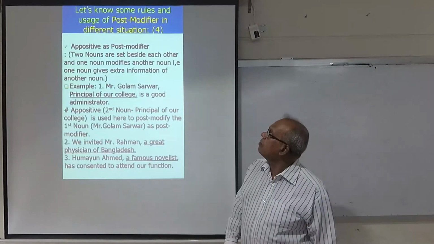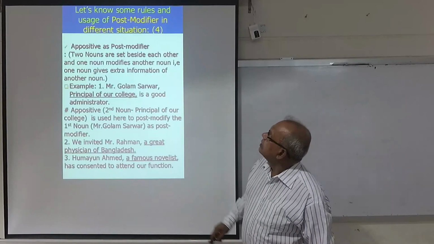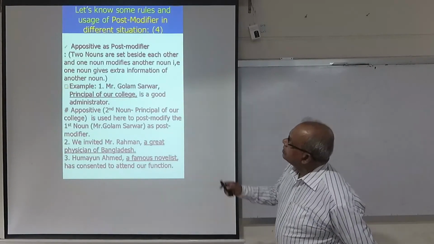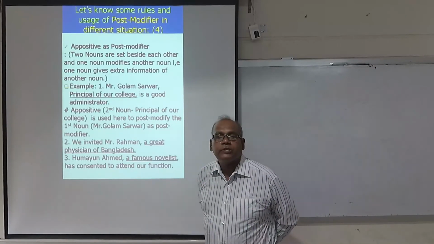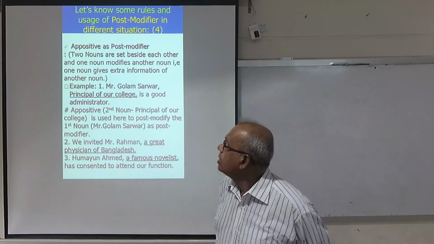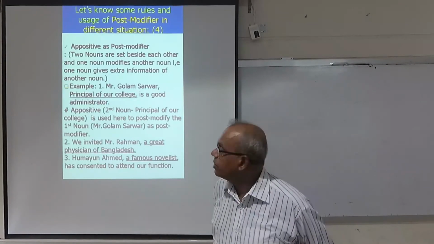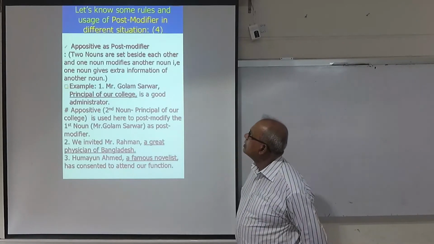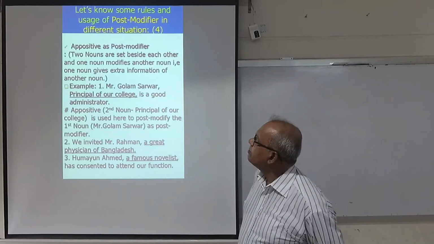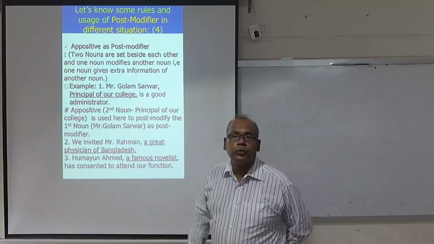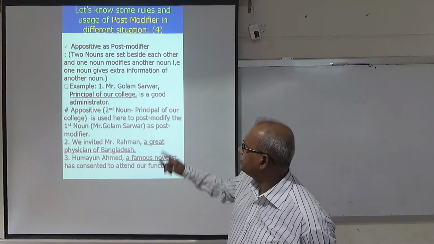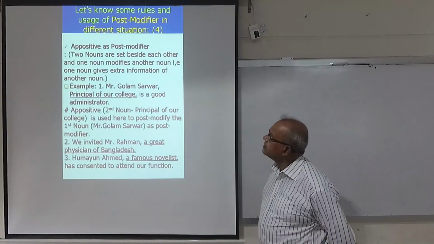Dear students, now appositive as post-modifier. Appositive is very important to learn modifier because you will find many places that need an appositive. We should first know what an appositive is.